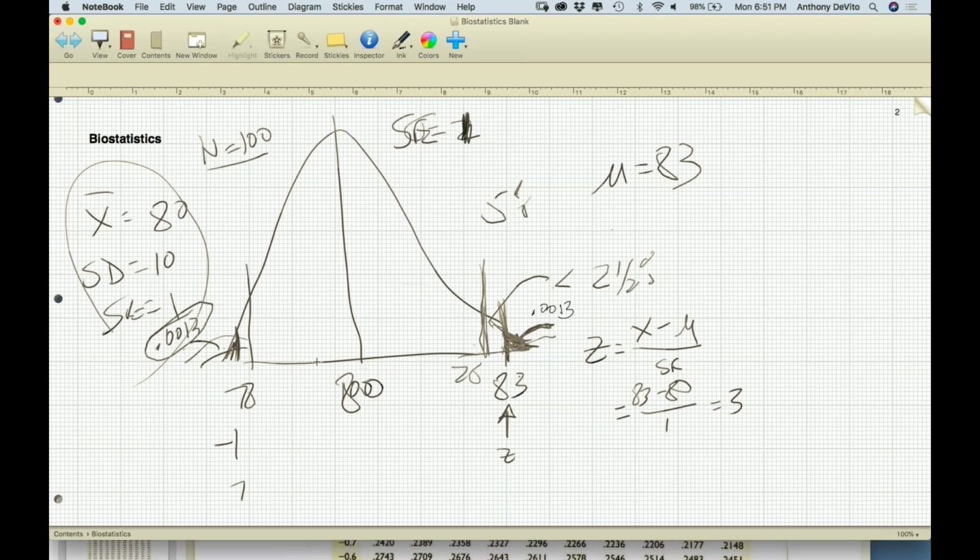And since I wasn't anticipating whether it was going to be more or less, I'm going to add those two together and say that the probability that I would get that extreme a value, 3 standard deviations on one side, 3 standard deviations on the other side, is going to be 2 times 0.0013. Or in other words, it's going to be equal to 0.0026.